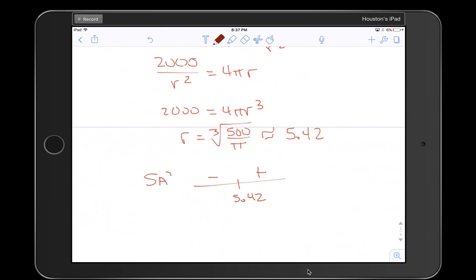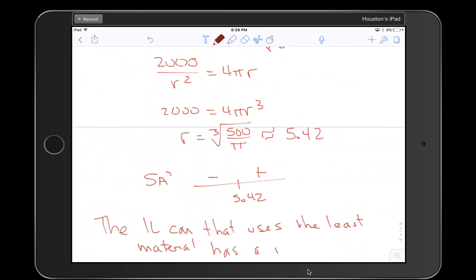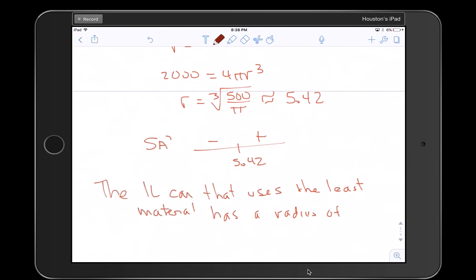So the 1 liter can that uses the least material has a radius of approximately 5.42.